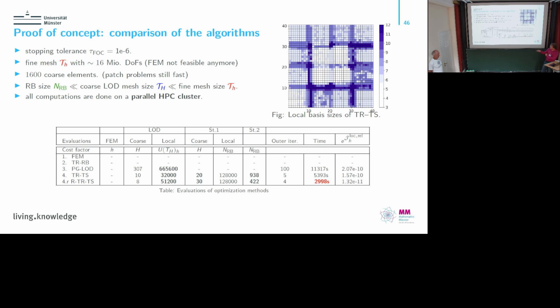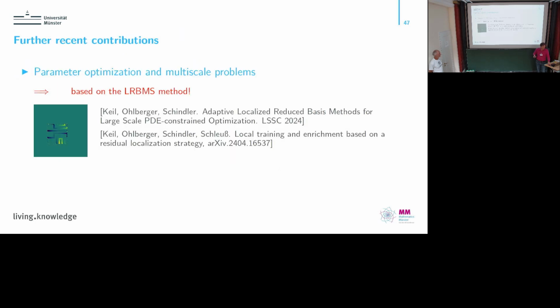And the final version that we come up with is this relaxed trust region to scale, and this then has this overall computational time, and you see that the most effort is then just with the reduced models that you evaluate. And also what you see is that the outer iterations with this relaxed version go down to just 4 outer optimization iterations to come to the solution of it. So very nice results. So I'm close to the end.